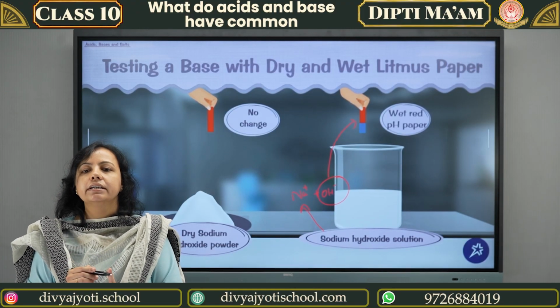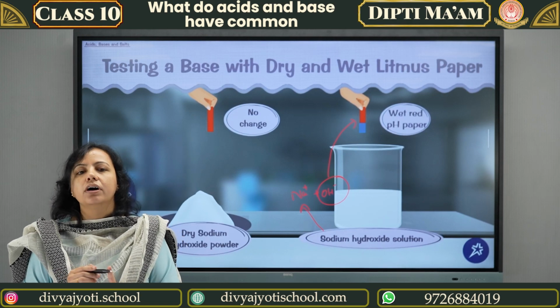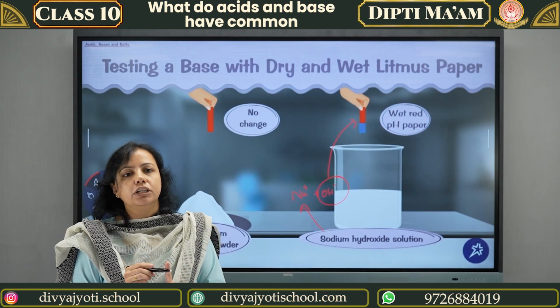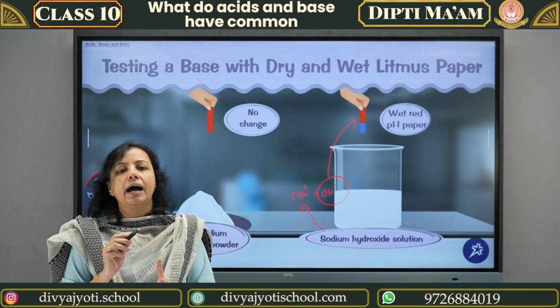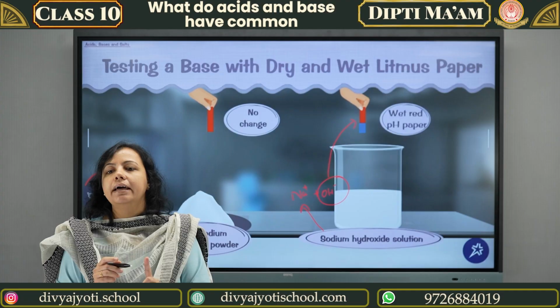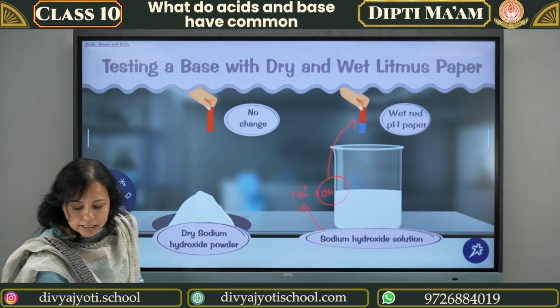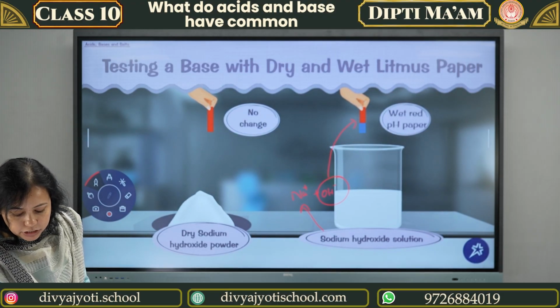Now, regarding this, you observed three activities. In the first activity, there are different types of solutions connected with the help of iron nails, wire, battery and bulb. In which compound will the bulb glow?